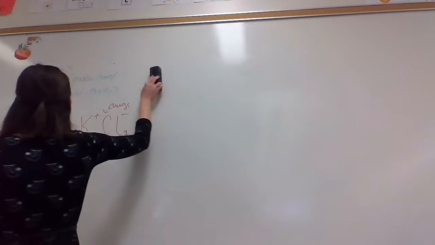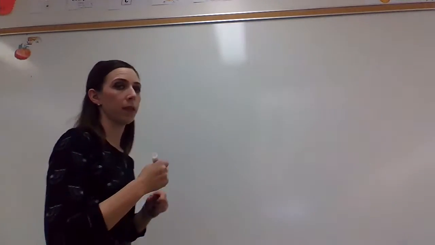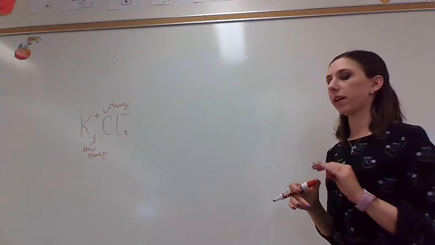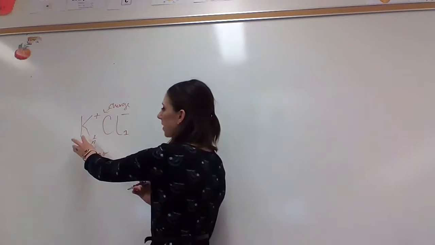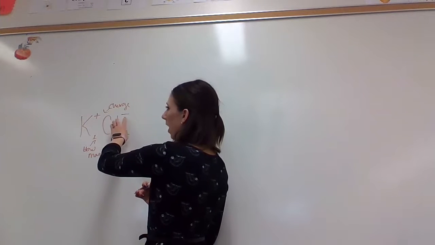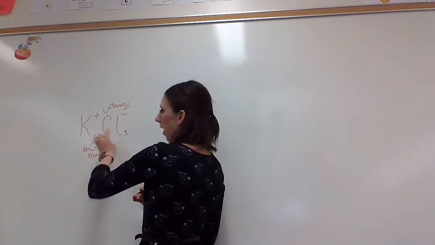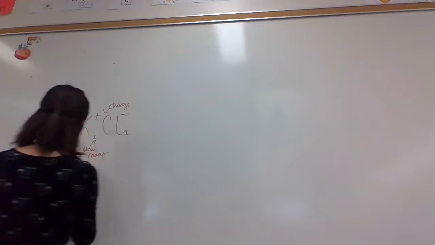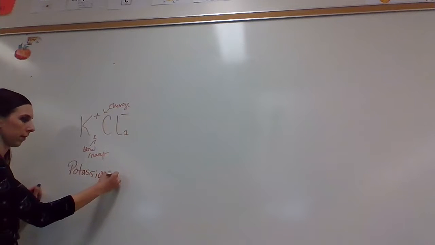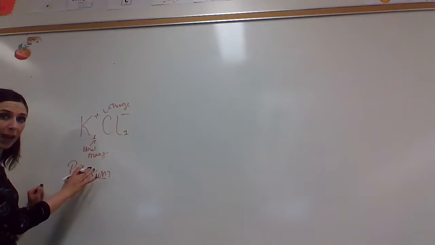Another thing when naming ionic compounds, you're going to remember to have the "ide" suffix. So right here we have potassium and we have chlorine, our two elements. We have our two charges at the top, and at the bottom it tells you how many. So we'll have potassium, because the first name of the first element, or your cation, does not change.